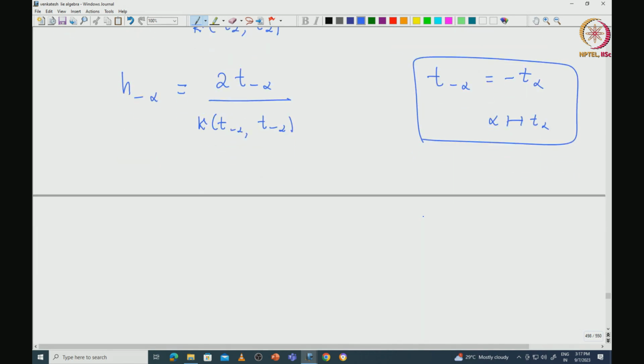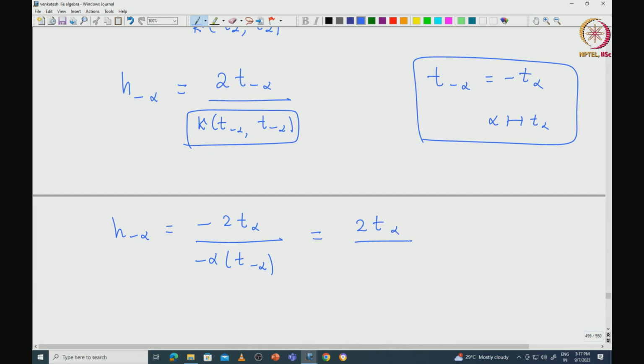So h minus alpha must be equal to minus 2 t alpha divided by kappa of t minus alpha comma t minus alpha, which is alpha of t minus alpha, that is, minus alpha of t alpha.